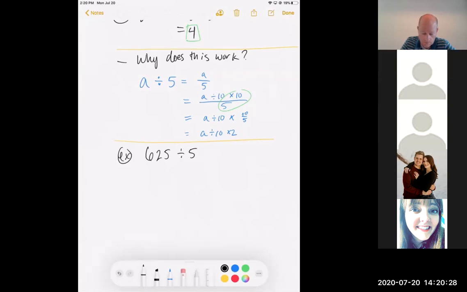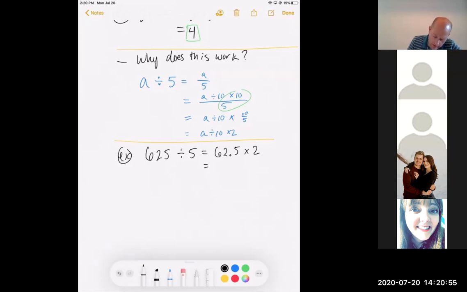My first thought is to just divide by 10 and then double. So it would be 62.5 times 2, which is not the easiest way maybe, but that's just what I first see. Yeah, that's exactly what I wanted you to do, to solve it using this strategy where you divide by 10 and times by 2.